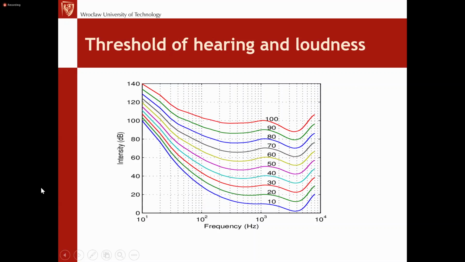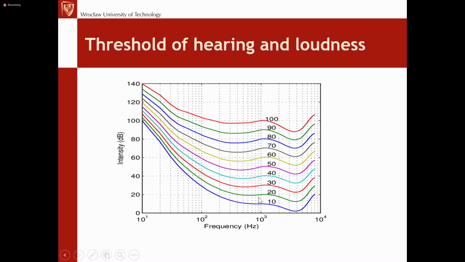Between the threshold of hearing and the threshold of pain, we can find about 100 so-called equal loudness curves. These are lines which connect the points in the frequency domain where, for a particular sound pressure level, the sensation of loudness is equal to the same measured for 1 kilohertz.